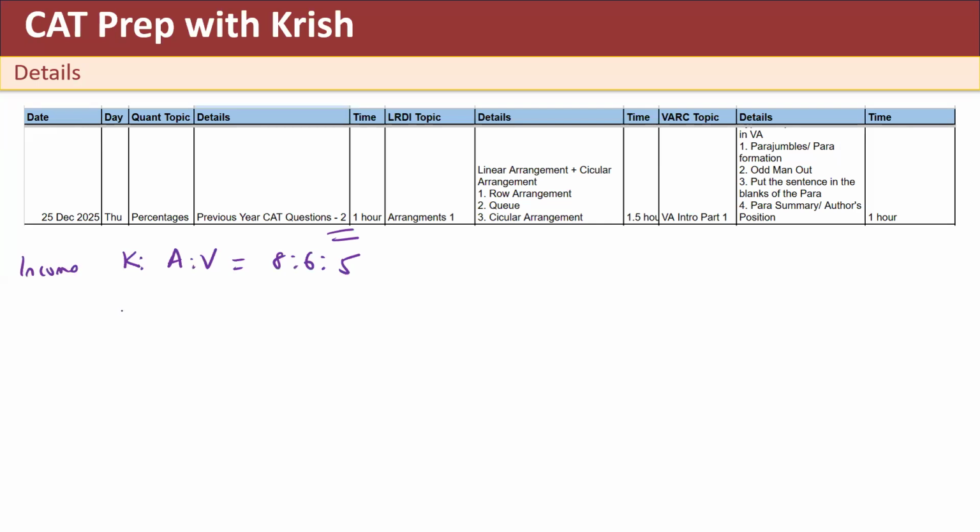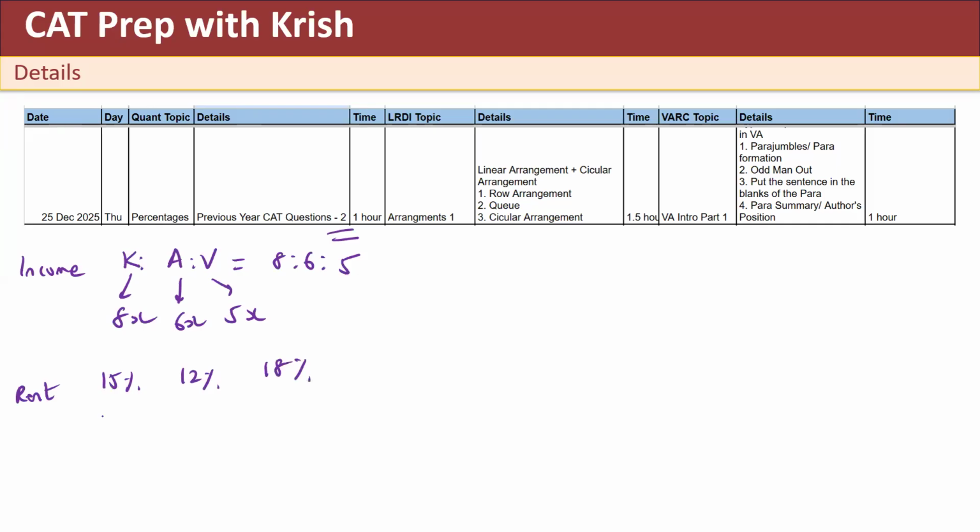Okay, so this income ratio. What I can do is take this as 8x income, this as 6x income, and this as 5x, so 8x, 6x, and 5x are their incomes. Now, Kamal's rent is 15% of his income, right? And Amal's rent is 12% of his income, and Vimal's rent is 18% of his income.